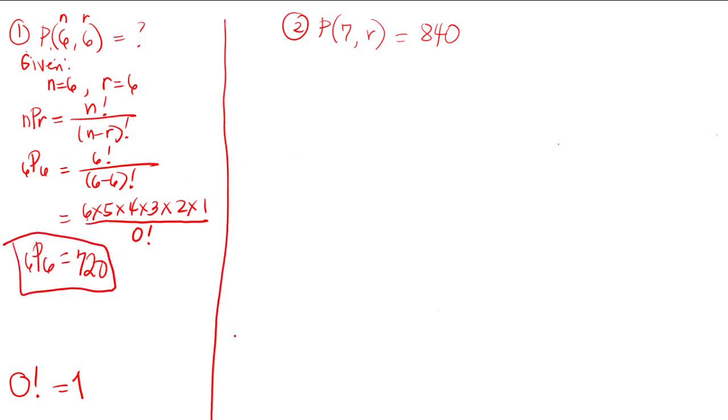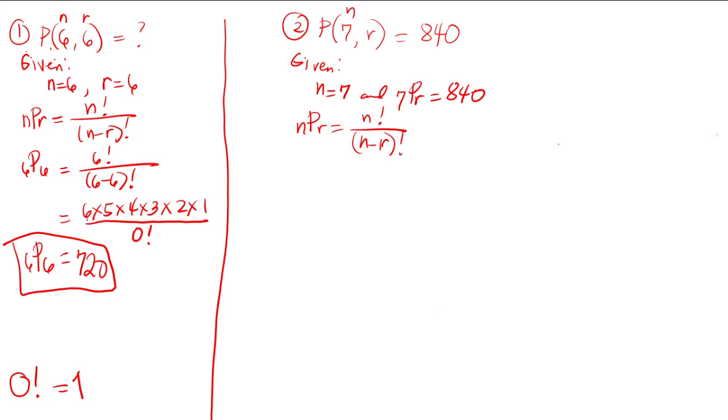Next, number 2. The permutation of 7 things taken r at a time is 840. So, given muna tayo. N is equal to 7. And the value of 7Pr is equal to 840. Okay, and we have nPr is equal to n factorial over n minus r, quantity factorial.